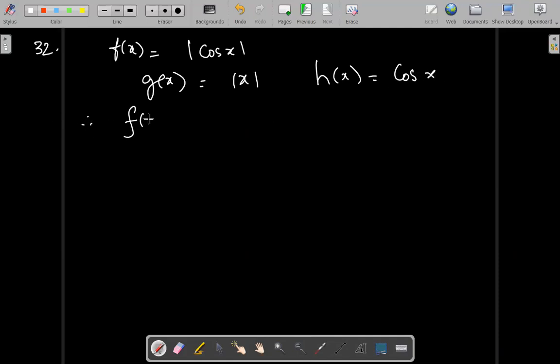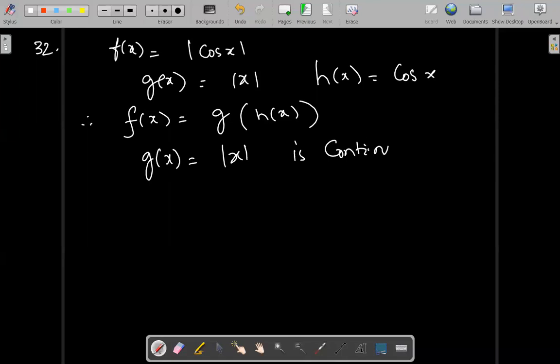Therefore, f of x can be written as g of h of x. So g of x is mod x, a continuous function. Why? Because it's a modulus function. Modulus function is continuous everywhere.